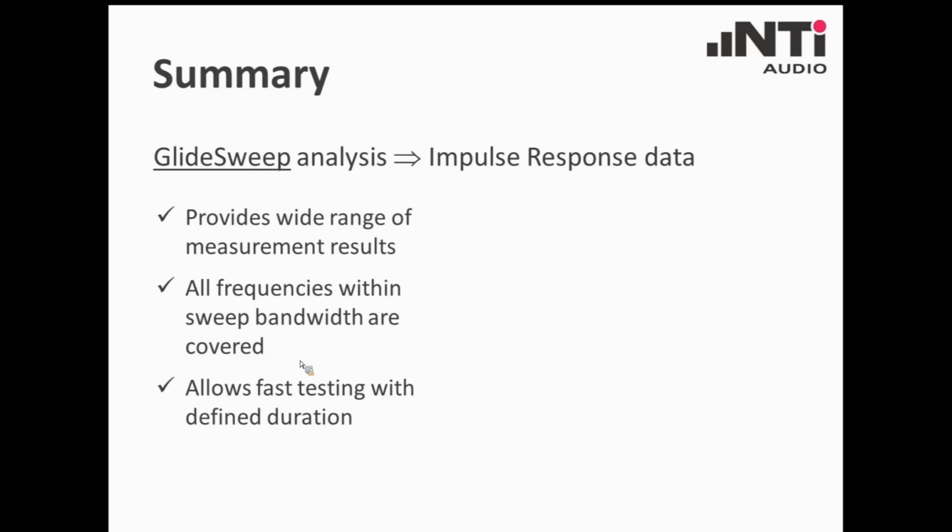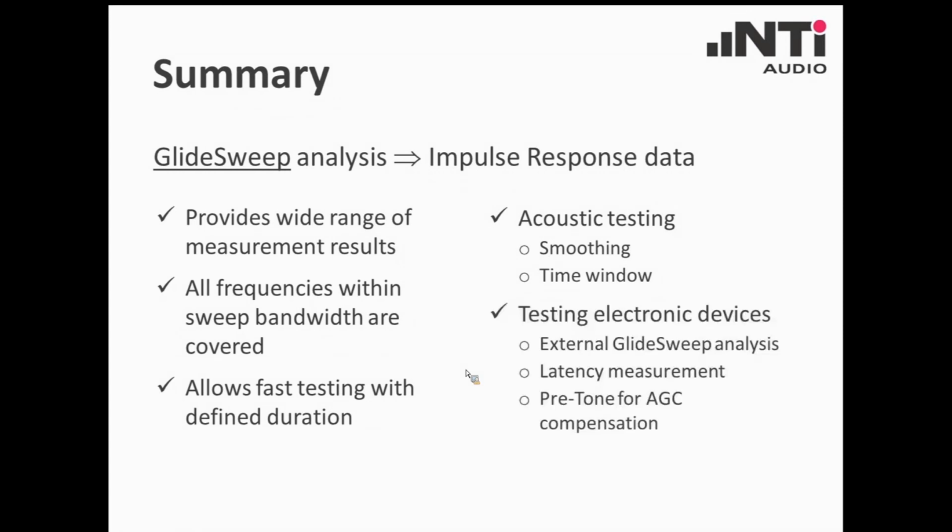Furthermore, I have shown you two methods to deal with acoustic effects like reflections. The first one was the smoothing, a very common approach, and the second one would be the time window to eliminate these reflections. And the last topic was how to deal with electronic devices.